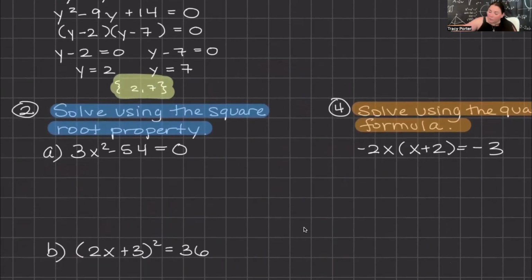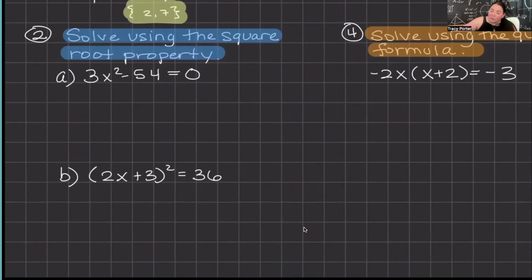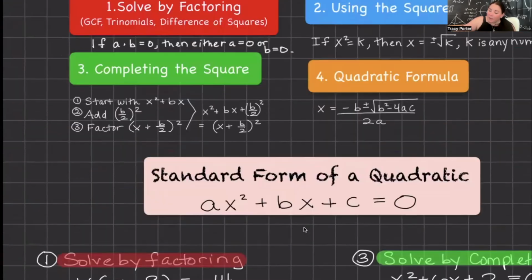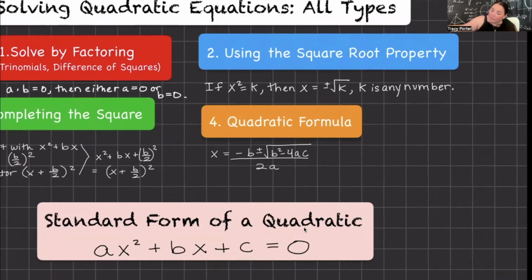Now, if we scroll down a little bit, we've got two different problems for using the square root property. And so you want to get it in the form where you have something squared equals a number. So if we go back, look at the square root property, something squared equals a number.